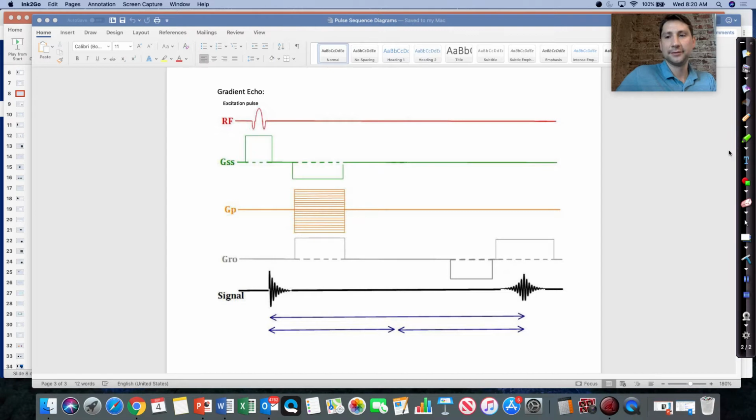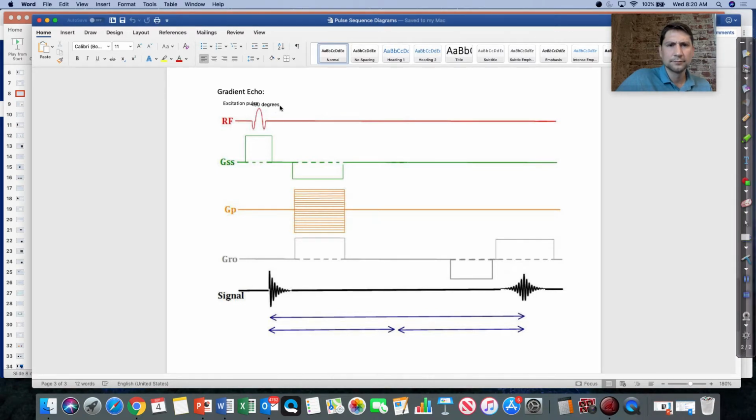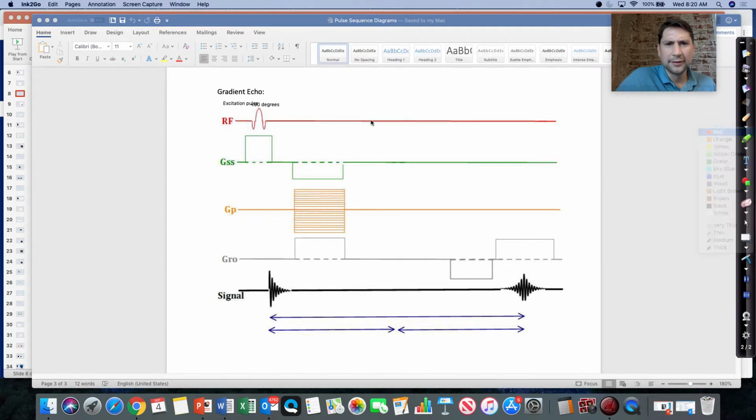Not 90 degrees. So typically it's going to be less than 90 degrees. Sometimes they draw it and they'll have it labeled on your test as, when it's less than 90 degrees, this alpha signal.